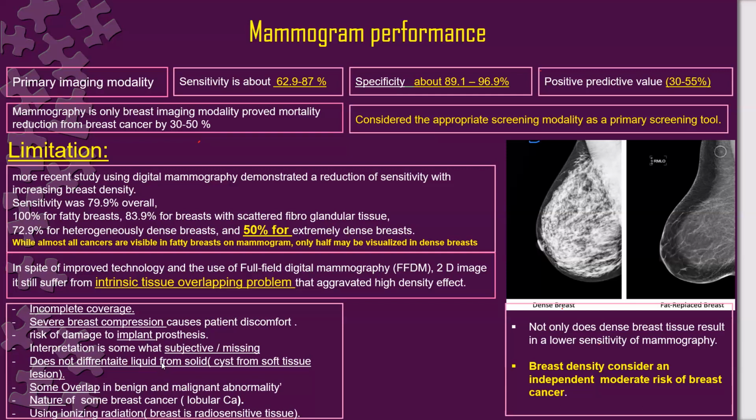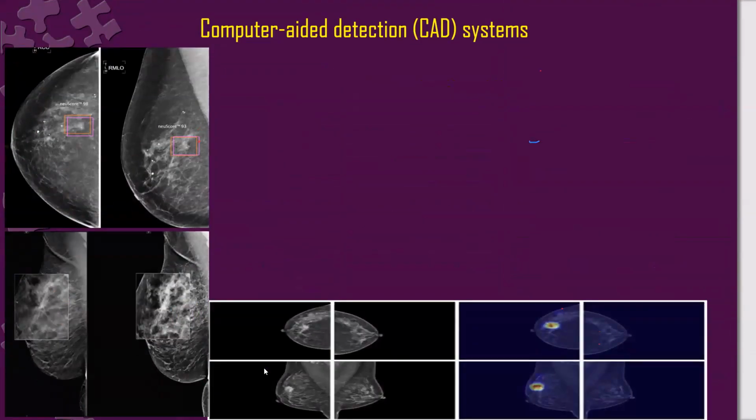And as you know, lobular carcinoma by nature is difficult to show itself on mammography most of the time, and definitely using ionizing radiation in a radiosensitive tissue like breast is one of the limitations of mammography.